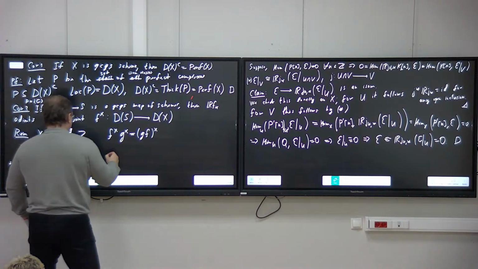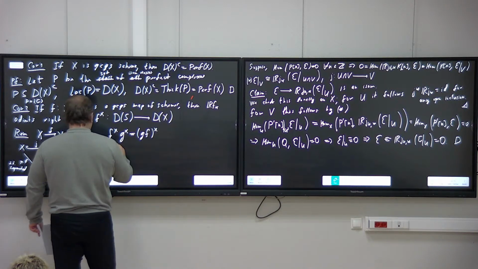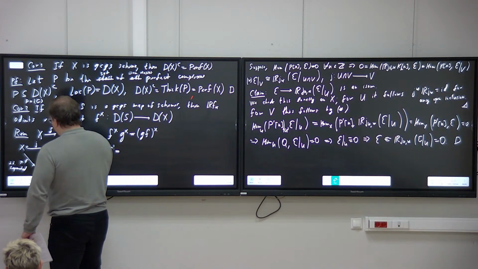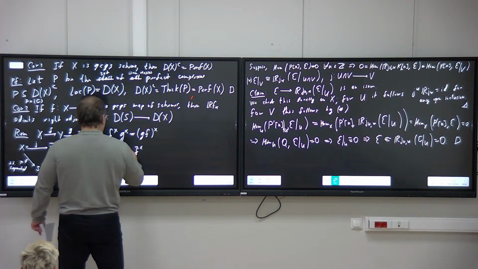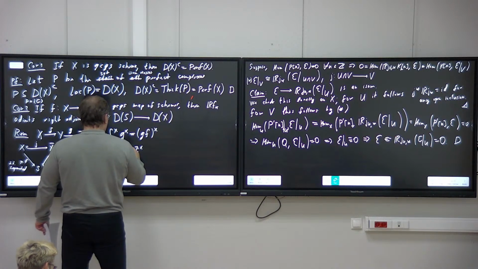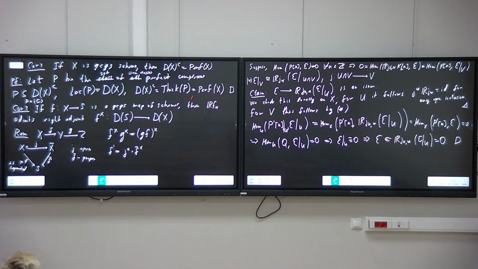And then by definition, you say that f upper shriek is defined as follows. You first take f bar with the cross, and then you use j, it is just the standard pullback. So that's the standard definition of f upper shriek.